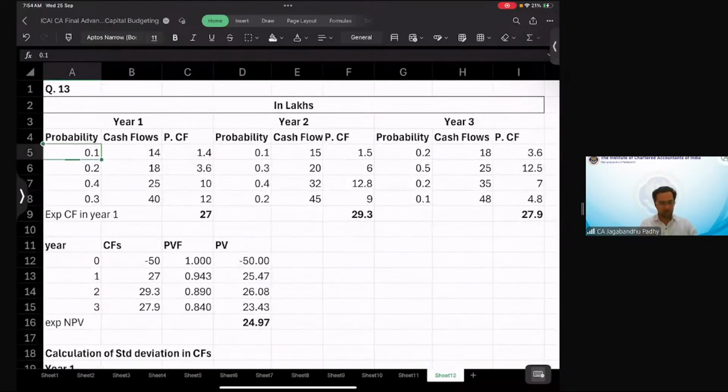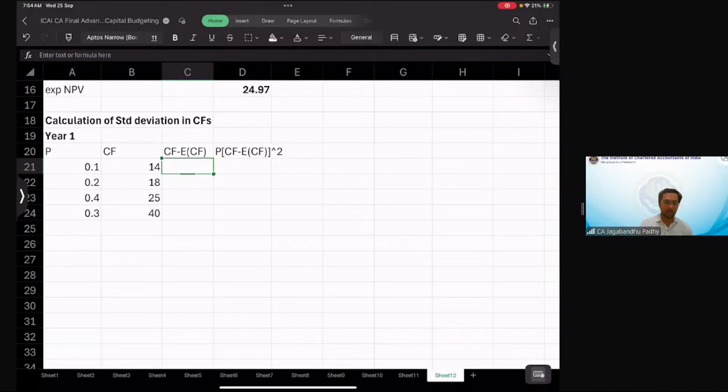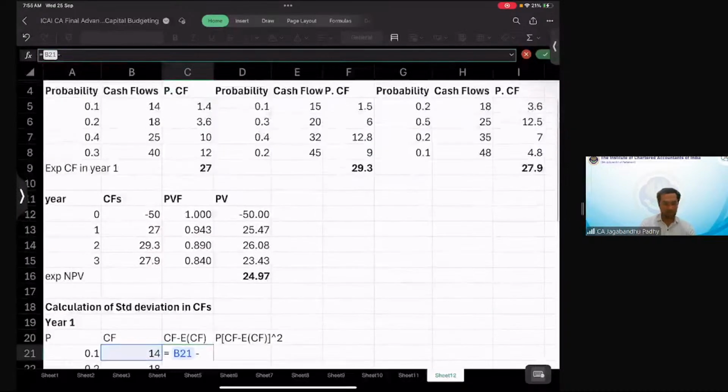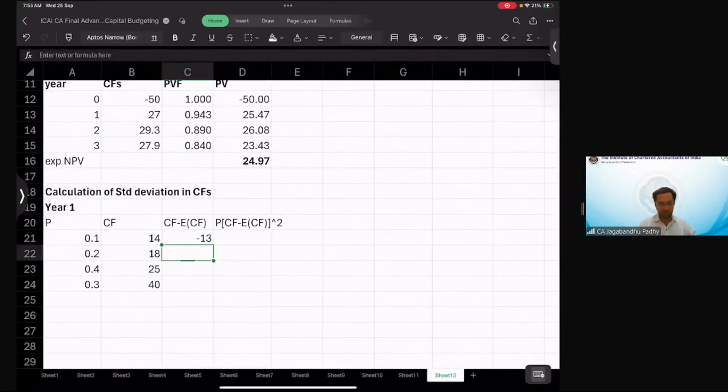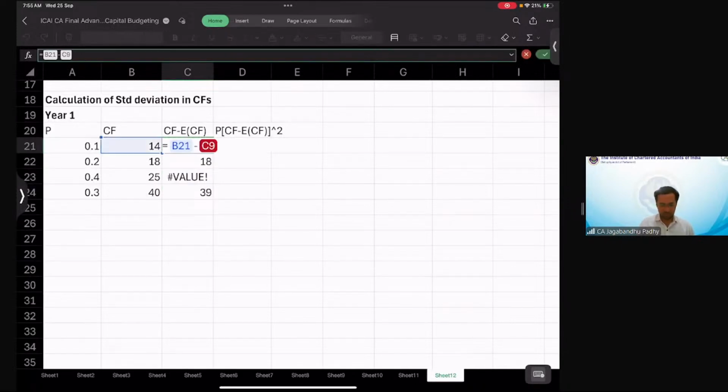So let me take down the probability and the cash flows available. So what we need is cash flow minus expected cash flow. So we have this cash flow minus what was the expected cash flow in year 1? It was 27. Right. So expected cash flow was 27. So we simply took a deviation. This is like minus 27.